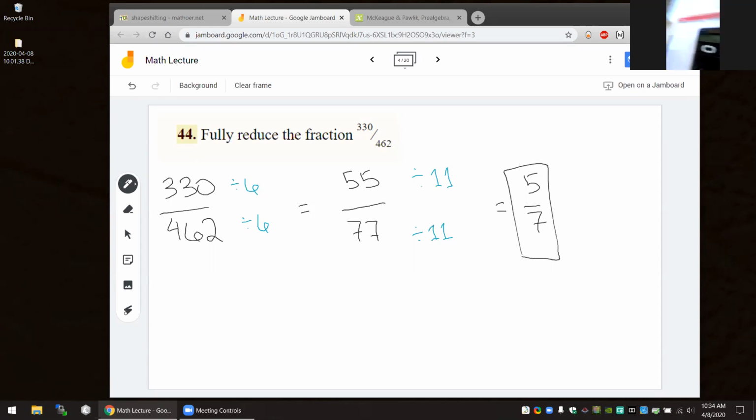Okay, let me try that again. So if you can see this, if there's enough light, there's a key that says A, B over C. So I could put in 330, hit the A, B over C key instead of a fraction bar, do the 462 and hit equals. And it gives me 5R7, which is its way of saying 5/7.